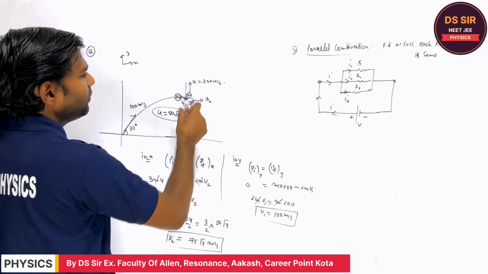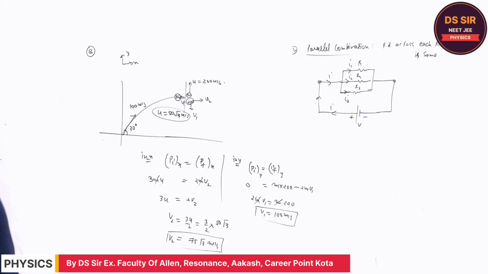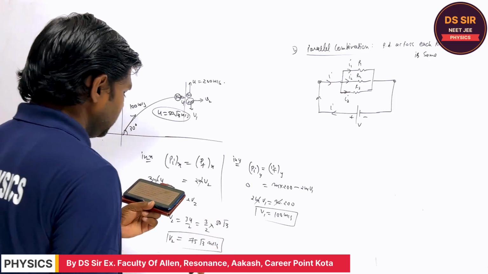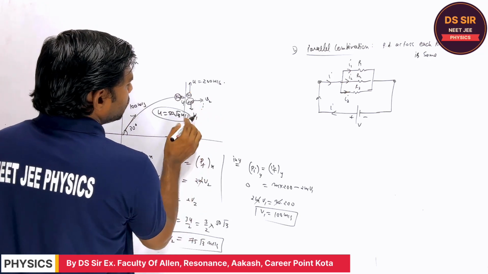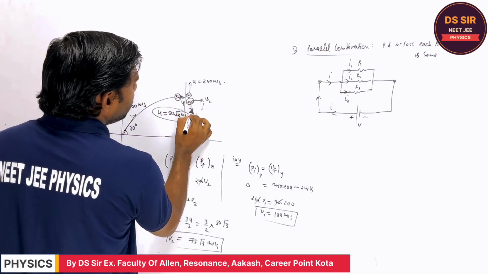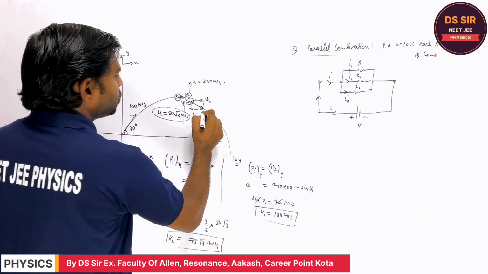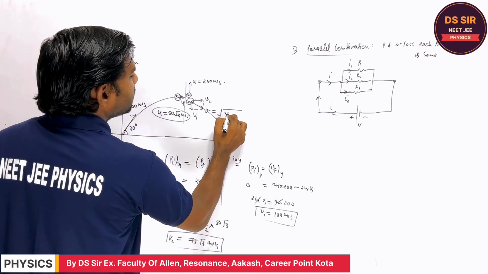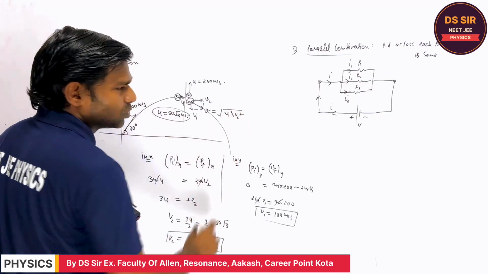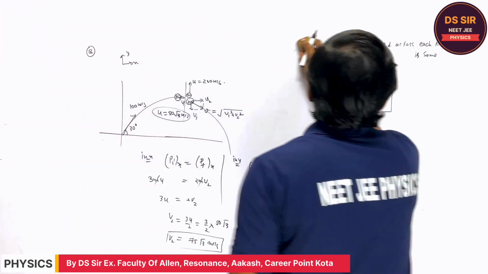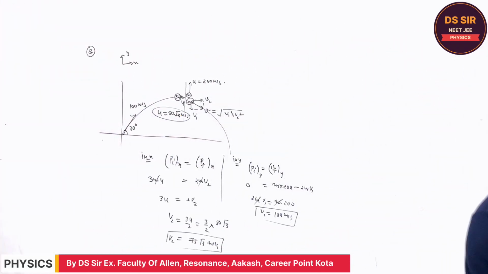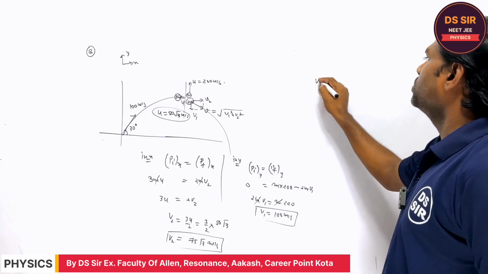So if this is v2 and v1, what is the question asking? They're asking the speed of the heavier mass. So this heavier mass will be moving in this direction, right? Like this. So this speed will be the resultant of v1 square plus v2 square. So v is equal to what?